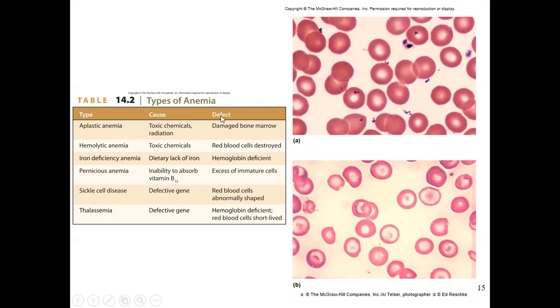The defect that causes each of these can be this. It doesn't necessarily mean that it's the only defect, but that is what this chart means. This is a visual. So this is what normal red blood cells look like. These little spots look like they might be platelets.